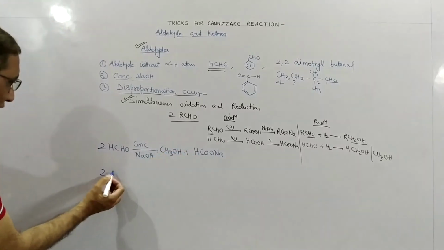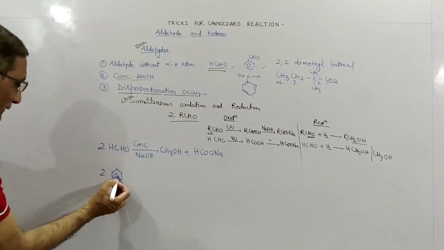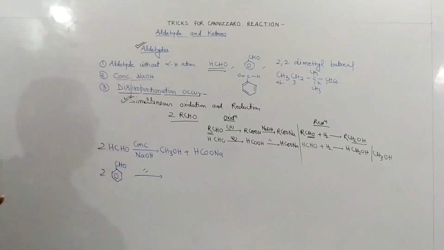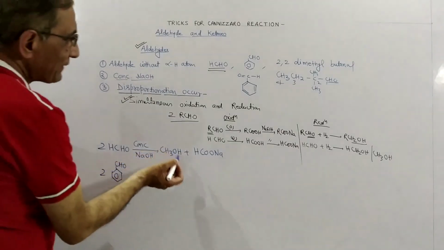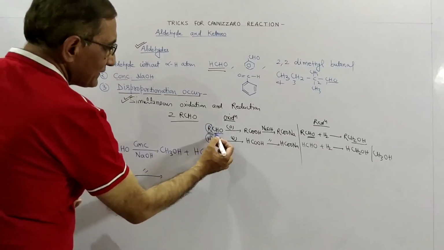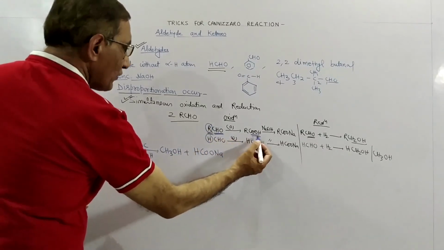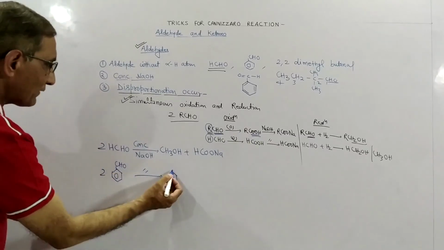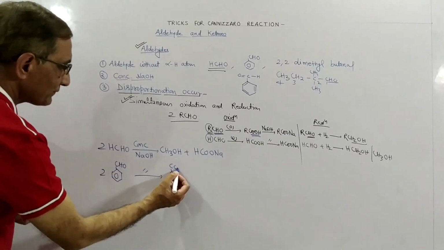If we take two molecules of benzaldehyde, in the presence of, again students, concentrated NaOH, how can you write it? Just compare with this. Here we have R, here we have H. This CHO is converting into COOH. Here also, this CHO converts into COOH.